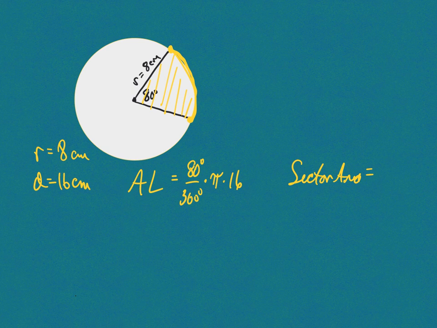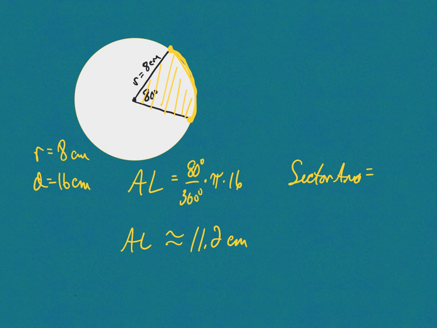And so if I do the math for you, and I'll punch this out as a decimal, 80 divided by 360 times pi times 16 gets us an arc length of about 11.2 centimeters. So the arc length in between those 2 points, if you were to just grab onto the 2 points and pull it tight, it would be 11.2 centimeters long.